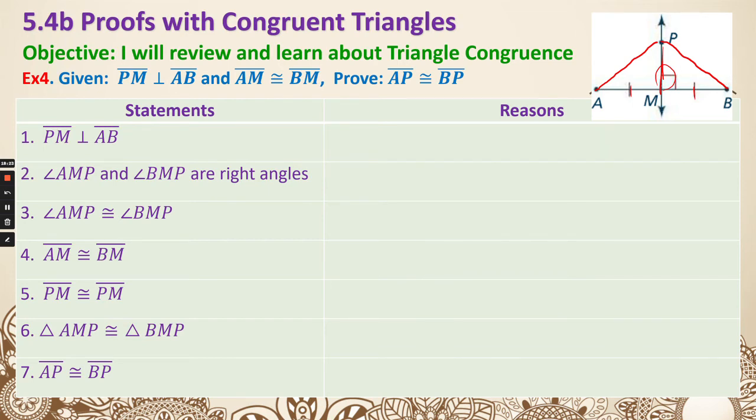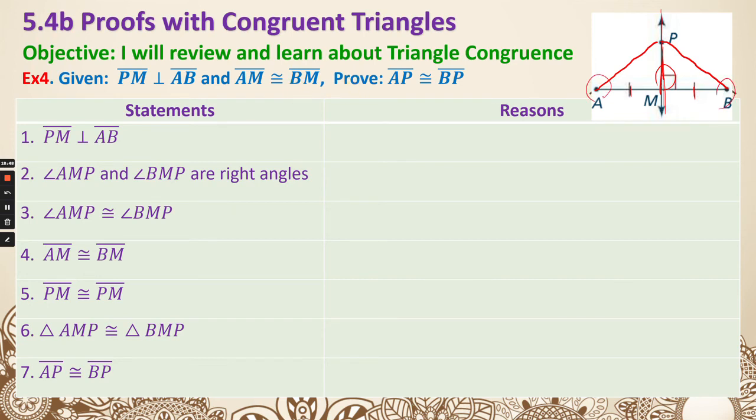And this is the perpendicular bisector theorem, because this line PM is basically the perpendicular bisector. So AM is BM, that's bisecting, then we form 90 degrees, so that is a perpendicular bisector. The perpendicular bisector theorem says any point on this perpendicular bisector line is equidistant to the endpoints, in this case A and B.